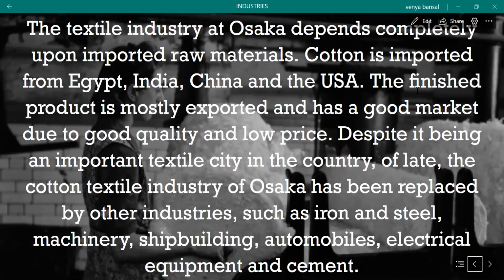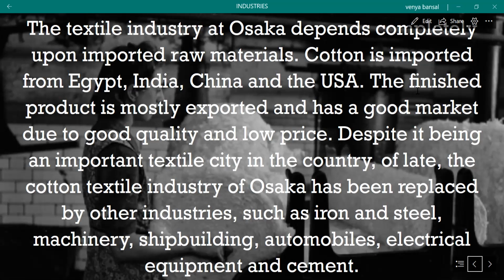But on the contrary, when we learned about the cotton textile industry example of Osaka, we got to know that the area there was extremely ideal for establishing a cotton mill, but cotton was not grown there. It depends on other countries for the raw material. But still, the cotton textile industry emerged there and developed a good market and value for its finished product.